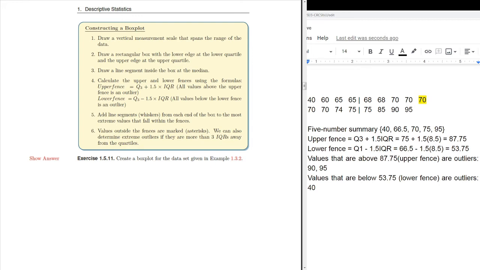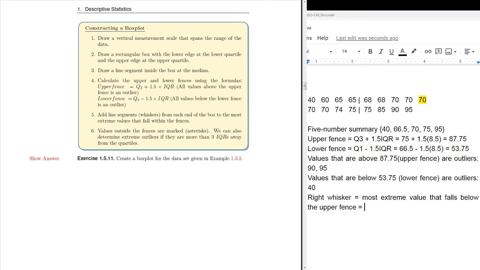So now we can use the upper and lower fences to determine the whiskers. The whiskers are the most extreme value that falls within the fences. So to find the right whisker, we want to look for the most extreme value that falls below the upper fence.